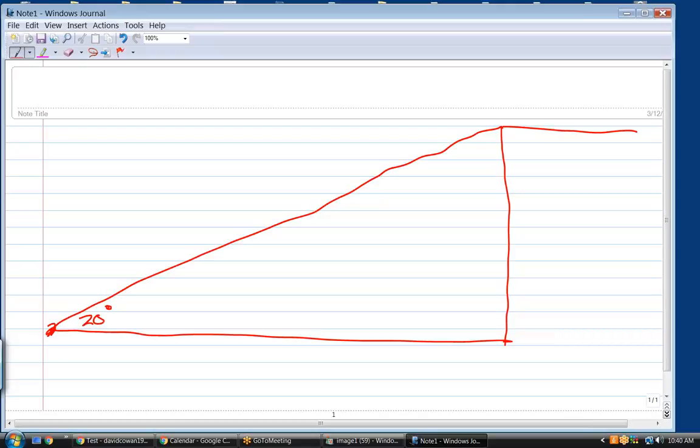That's the only thing you know, and the question is how tall is the building and how far away are you? Obviously you cannot solve that. I can say the tangent of 20 degrees equals h over x. Two variables, can't solve it.